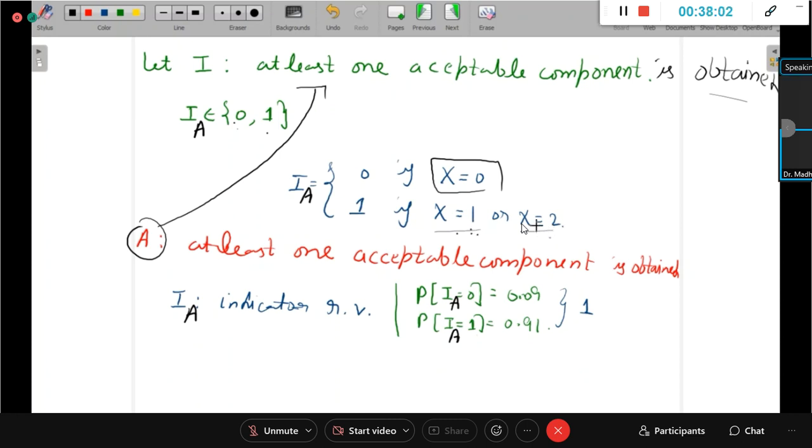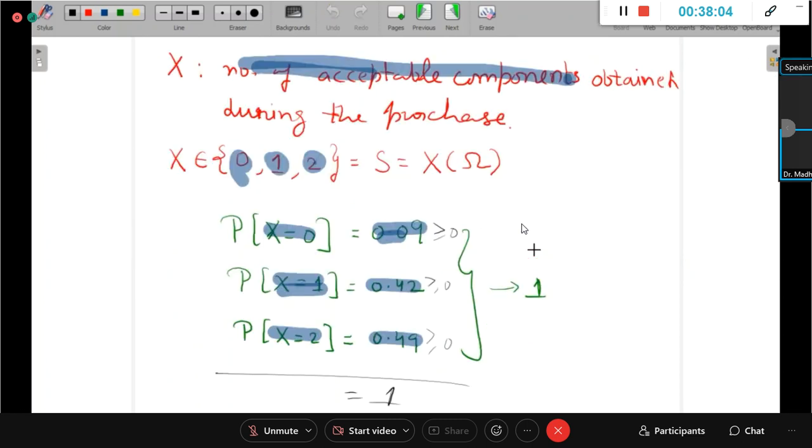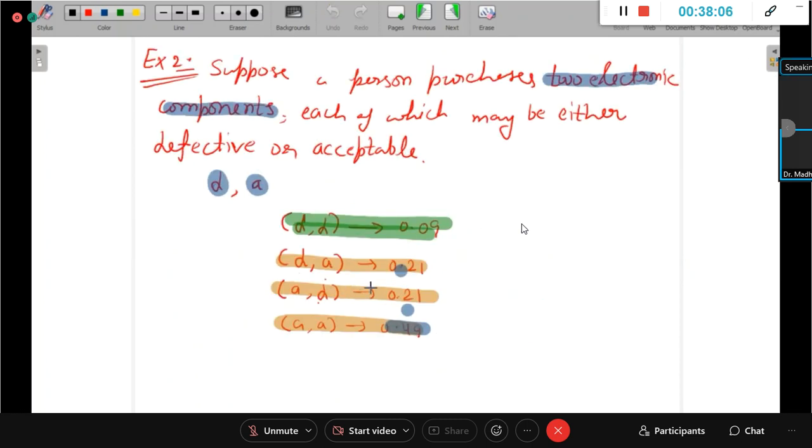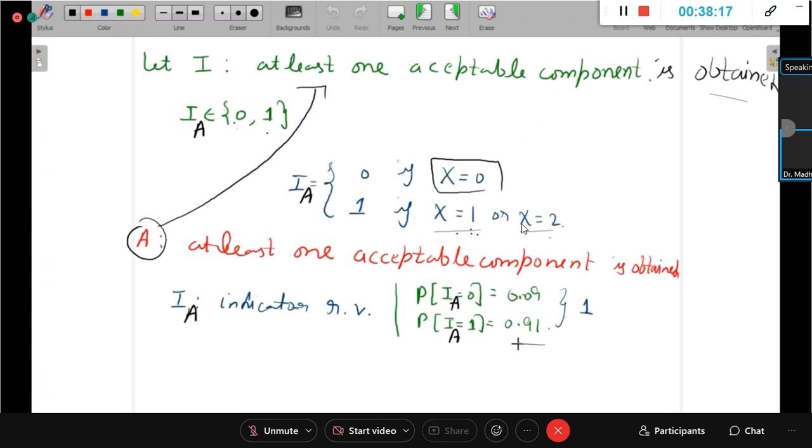Both are mutually exclusive events. So probability of x equals 1 plus probability of x equals 2 is 0.42 plus 0.49, which totals 0.91. And note that if you sum up these two, it is going to be 1, with non-negative values, so again it identifies the probability mass function.